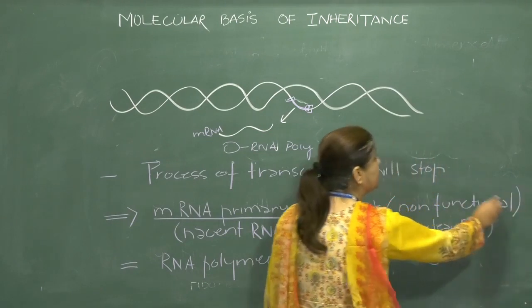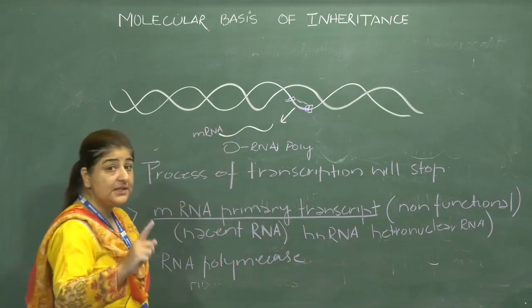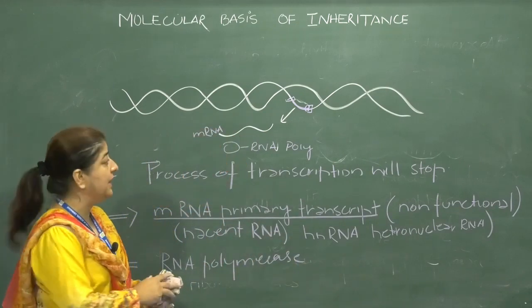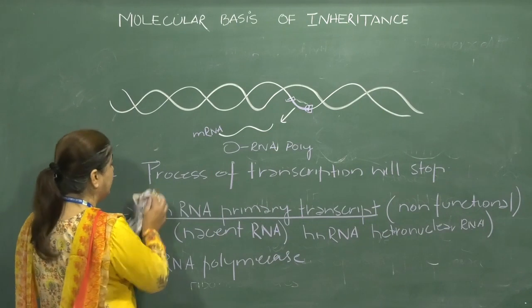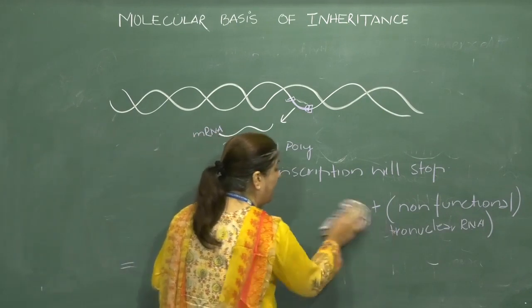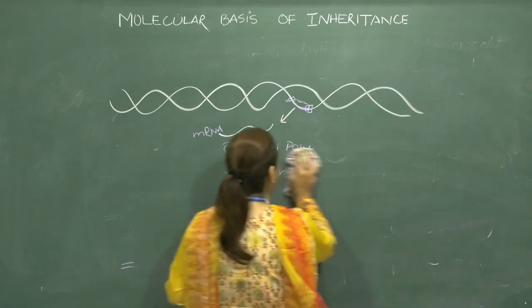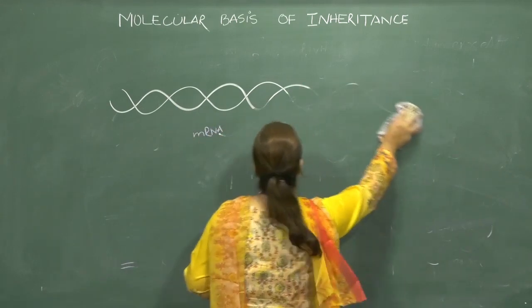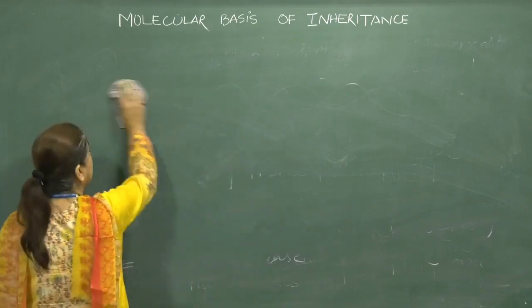And why is this non-functional? This is being synthesized in the nucleus only. So, once we get the mRNA transcript, this mRNA transcript, or the nascent RNA, undergoes post-transcriptional modifications in the eukaryotes.